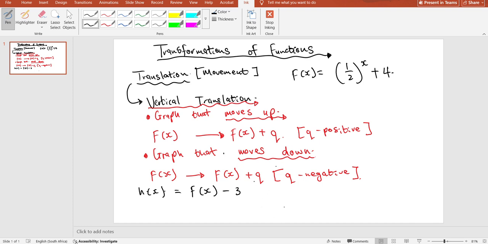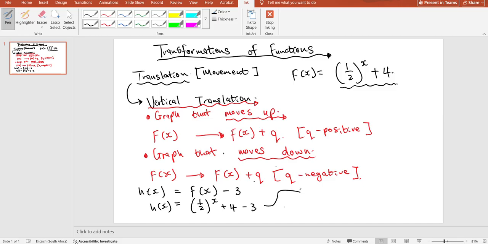So there's our exponential, and I'm saying that this exponential is being affected by this translation here, which is 3 units down. So how do I do it? Again, in the place of f of x in my equation, I substitute the right hand side, and so it looks like this, and you're still going to show your -3 there.